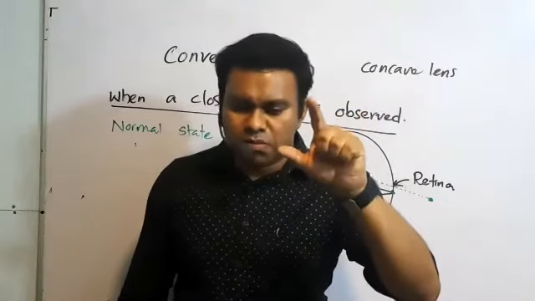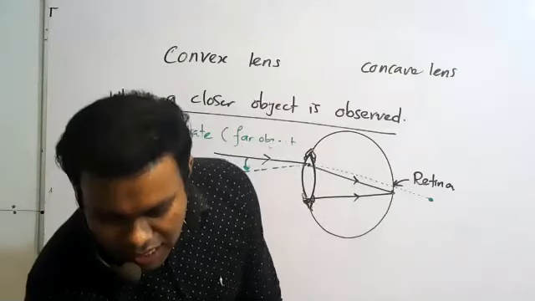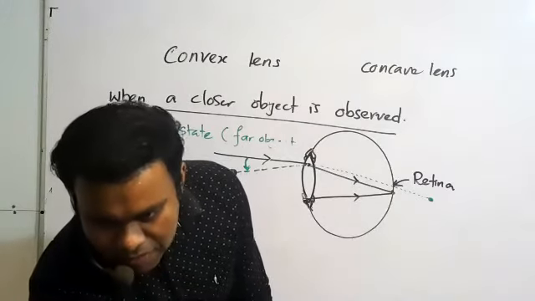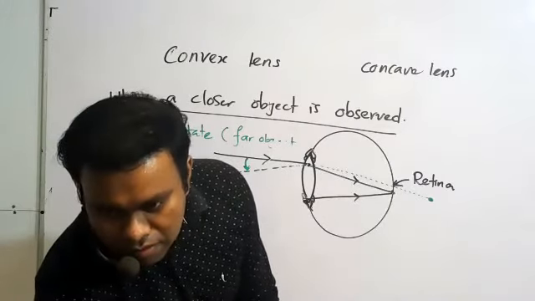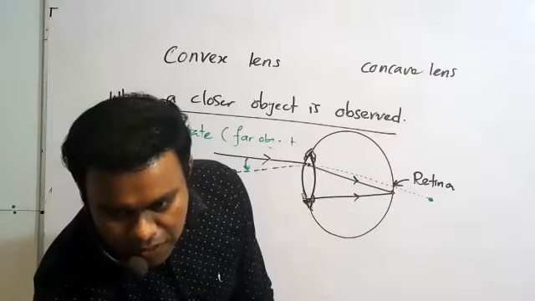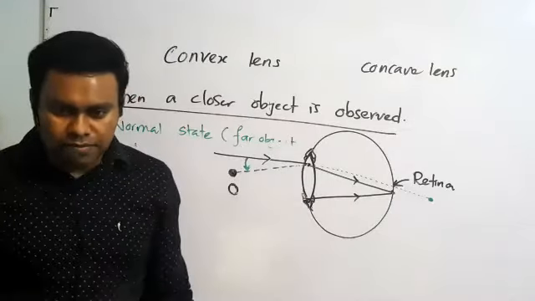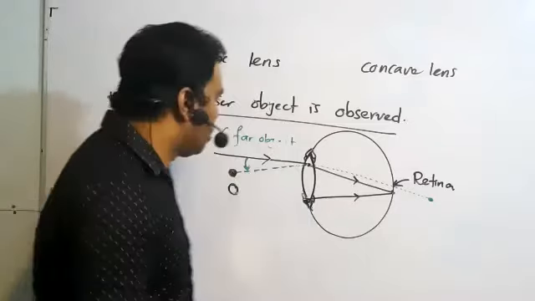Now it becomes blurred. Those who saw it blurred, message me B. B for blurred. Okay. Shenal okay. Nadika okay. Good. That's enough.